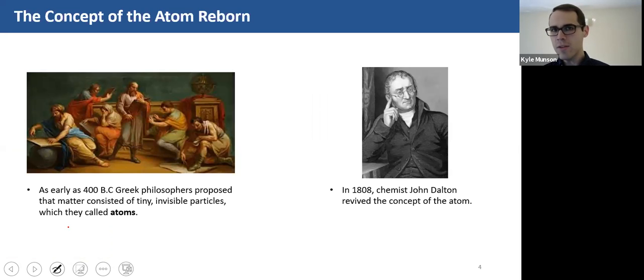So, as early as 400 BC, Greek philosophers proposed that matter consisted of tiny, invisible particles, which they called atoms. In 1808, chemist John Dalton revived this concept, and his theory, Dalton's atomic theory, is what we're going to be talking about today.